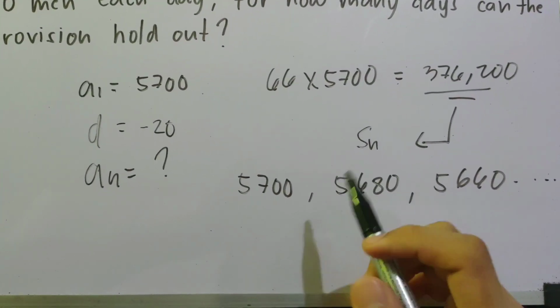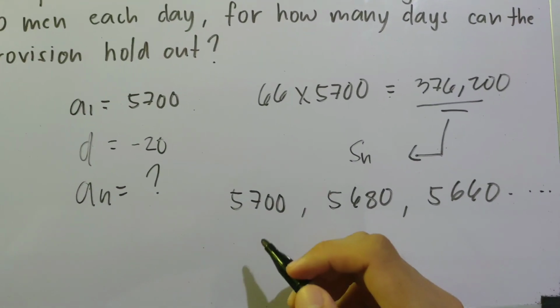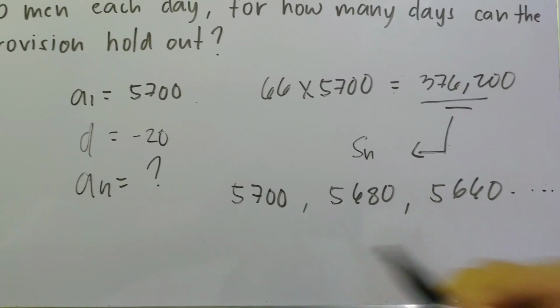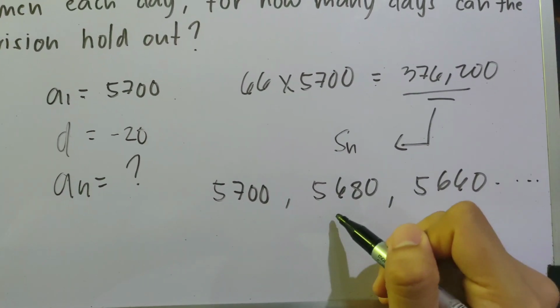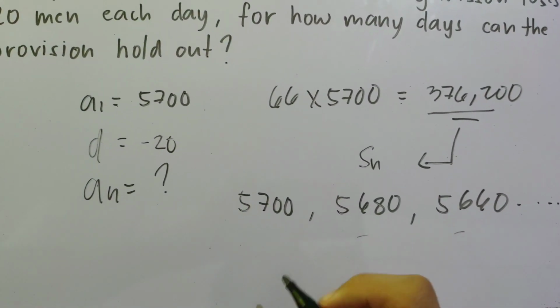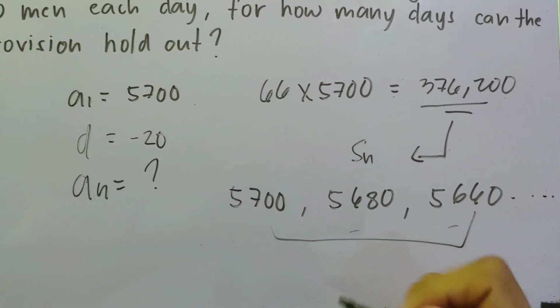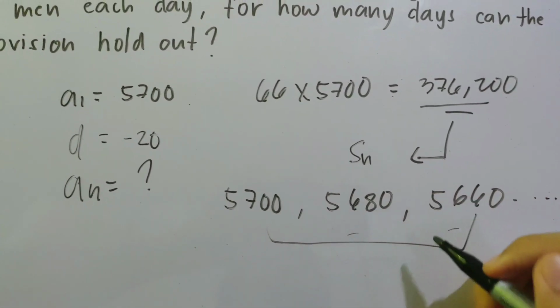So for example, kung gusto mong malaman yung number of provisions na nakain nila sa 3 araw, i-add mo lang yung number of men dun sa 3 araw na yun. So dun sa first day natin, 5,700 plus 5,680 plus 5,660. Kapag pinag-add mo tong tatlong to, yun yung total number of provisions na nakain nila dun sa 3 araw na yun.